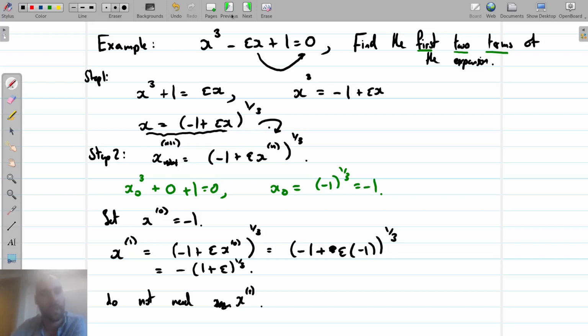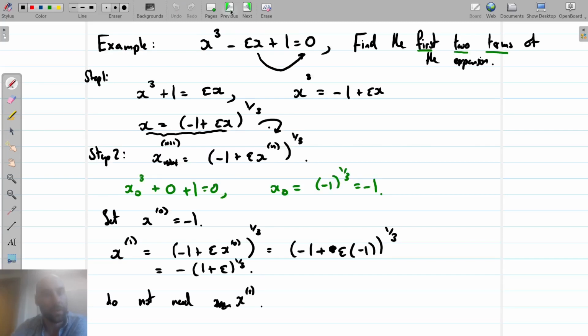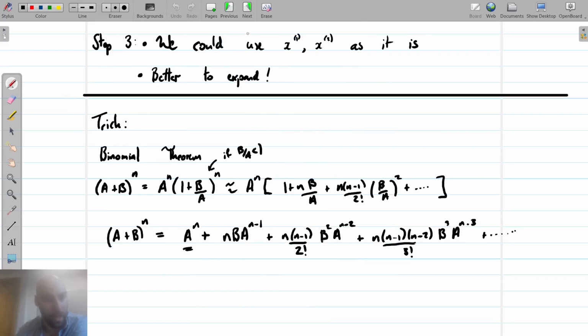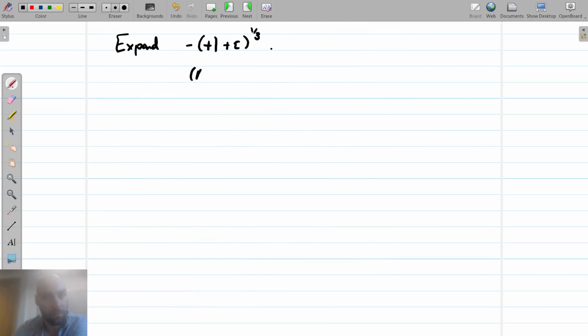Okay, so I've got my answer here of x1, and all I need to do now is expand it. Expand minus 1 minus, it was this, wasn't it? Minus the quantity 1 plus epsilon, to the third. And now all we need to do to expand it is to use our binomial theorem. Here it is. If we're comparing the two, we've got a equal to 1, and b always has to be the bit with epsilon in it, so b is epsilon.